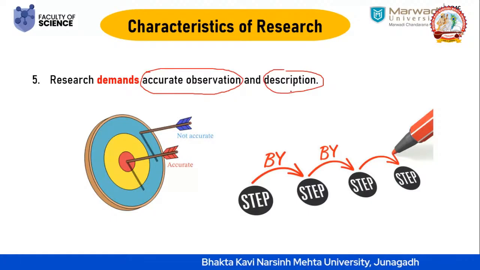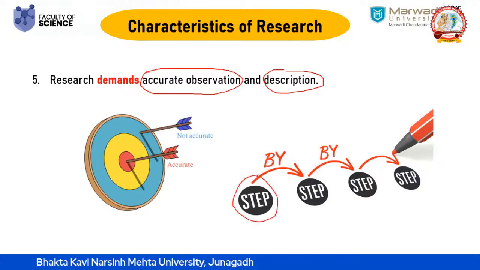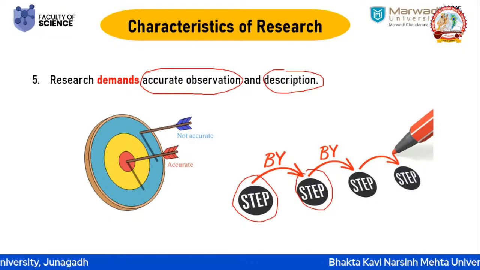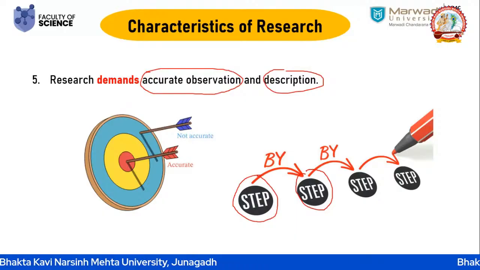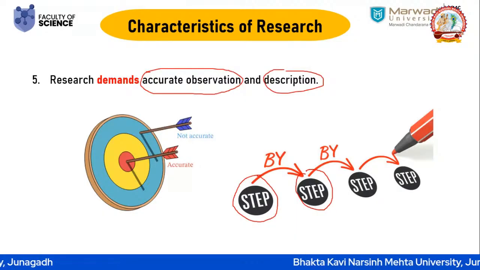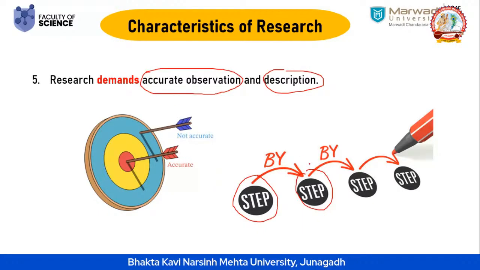Whatever description you present should follow each and every step, each and every basic phenomenon that you need to include, and that description will be useful for the audience you are targeting, whether you are from chemistry, microbiology, biology, physics, environmental science, or any discipline, then this data will be very useful for those people also.